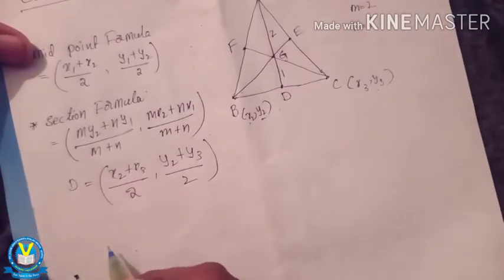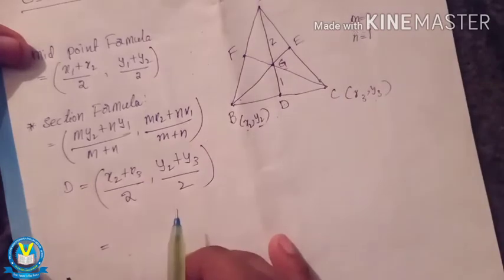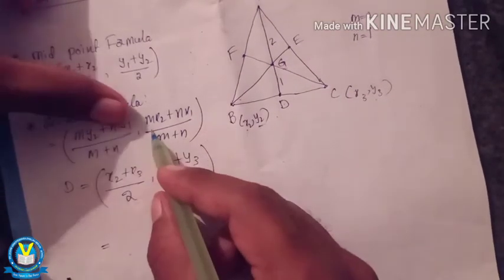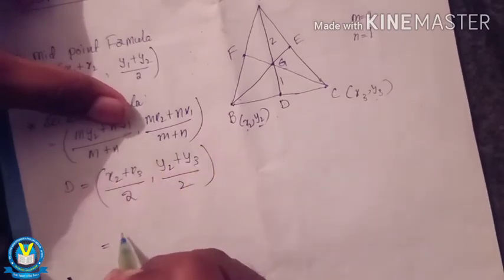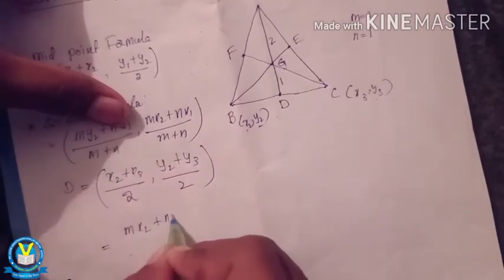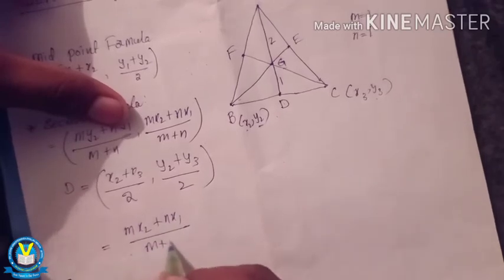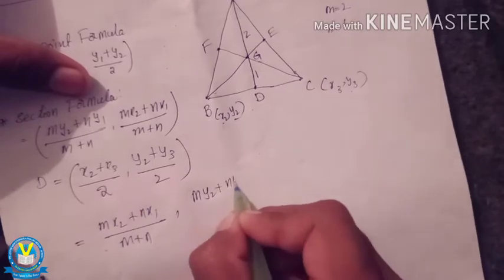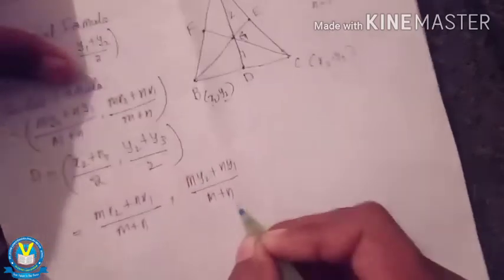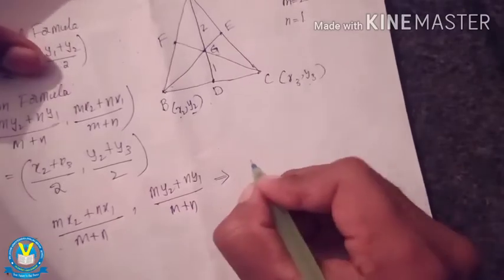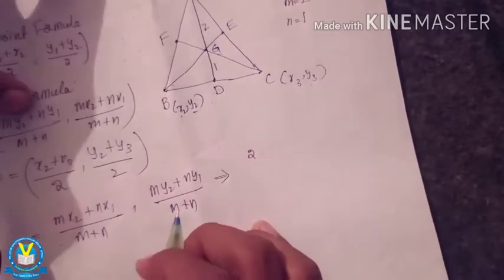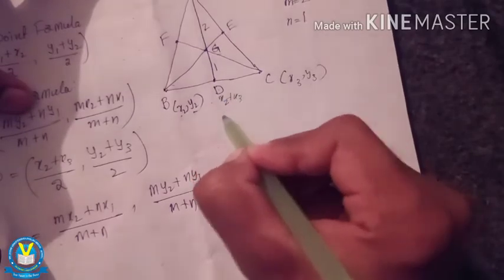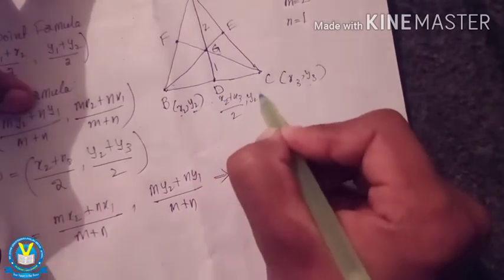Now here M equals 2 and N equals 1. First we check the x value: M into x2 plus N into x1 by M plus N, comma, M into y2 plus N into y1 by M plus N. With M equal to 2, and the point A is x1, y1, and D is x2 plus x3 by 2 comma y2 plus y3 by 2.